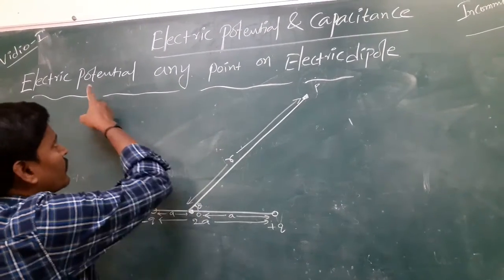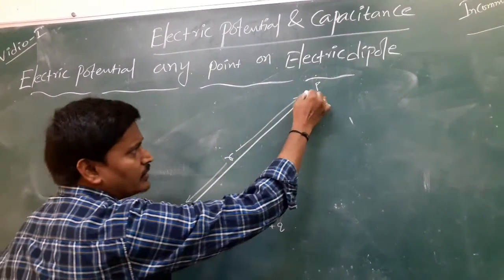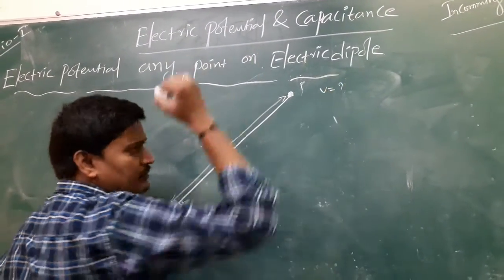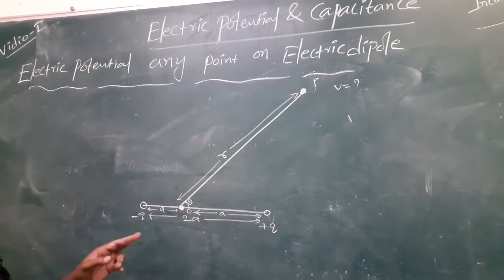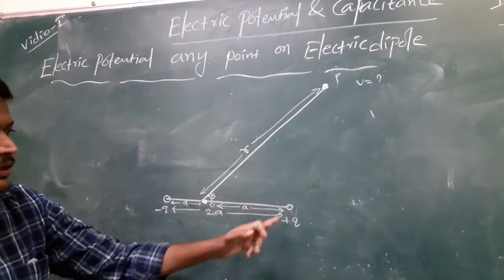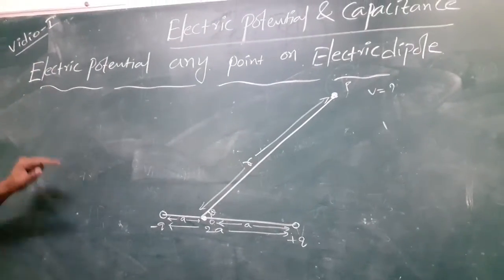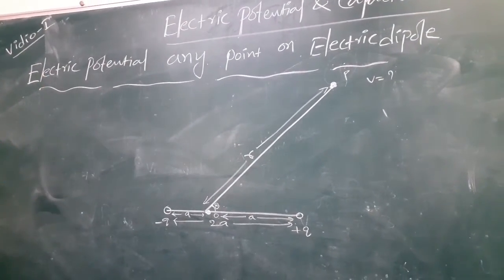Now, here we are going to calculate the potential at this point P. What is the potential at point P? Potential means work done: work done to bring the charge from here to this point, and work done to bring the other charge from here to this point. Then we can add them for the net potential.